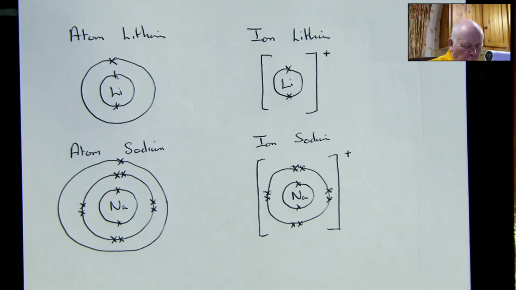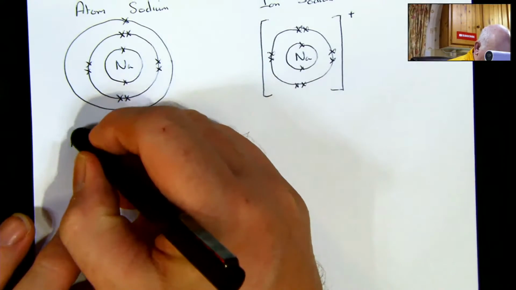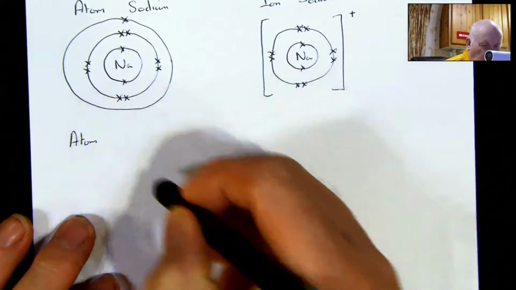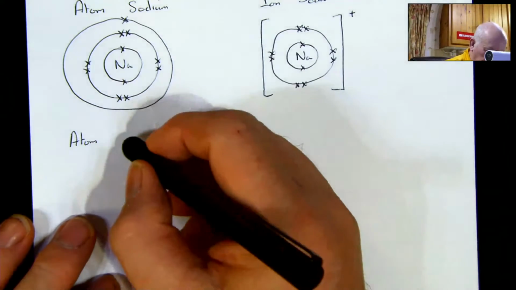We'll do one more atom to have a look at, and we'll look at here an atom of something easy. Let's have a look at magnesium.